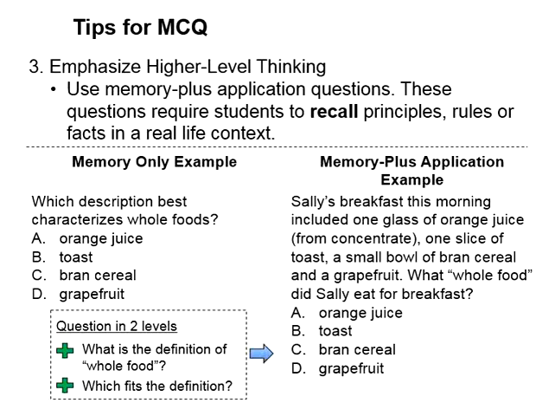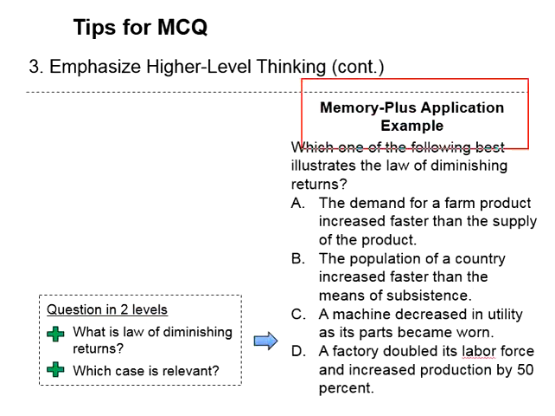With that, you should consider transforming the MCQ questions from memory mode towards memory plus application mode, requiring the students to seek answers through several levels of thinking. This is another example of memory plus application.